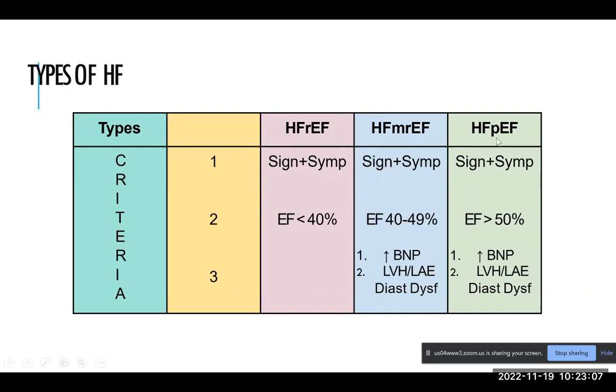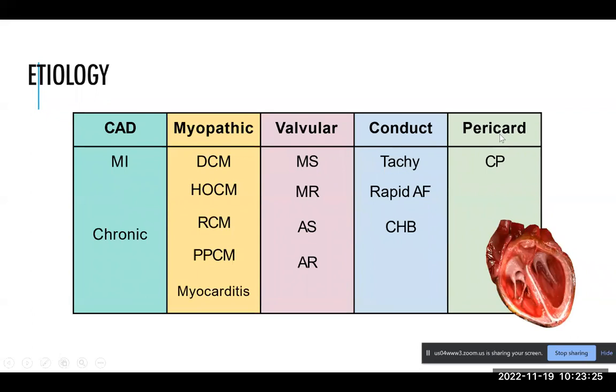Heart failure with preserved ejection fraction, where you have ejection fraction more than 50, signs and symptoms, and increase in BNP, LVH, and left atrial enlargement. And for the exact definition, you will be having a lecture later on about heart failure with preserved ejection fraction, where you will have the details of this.